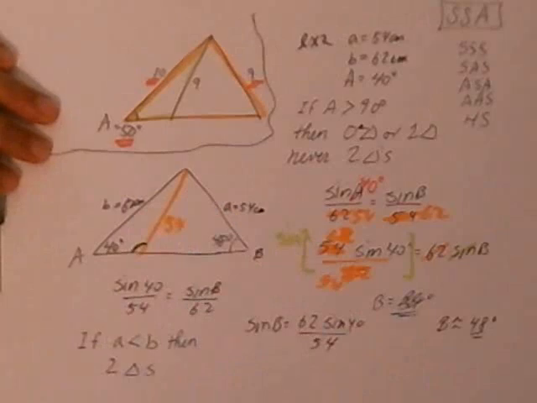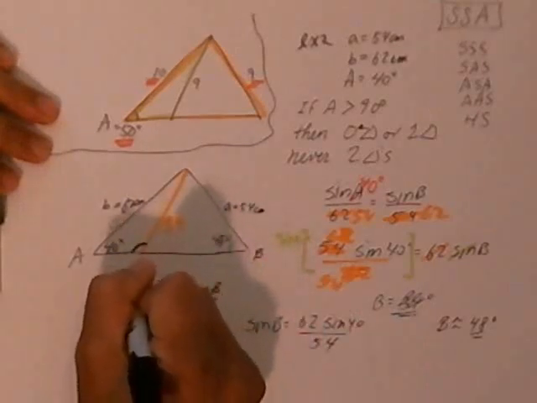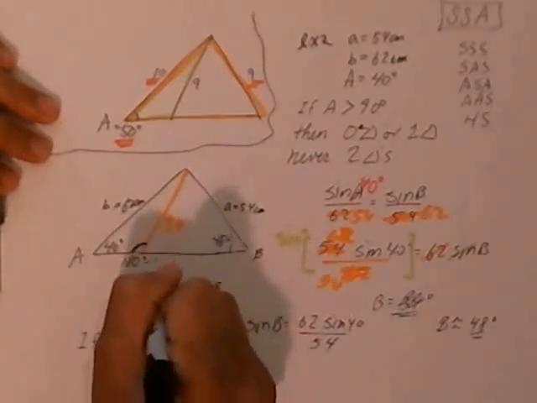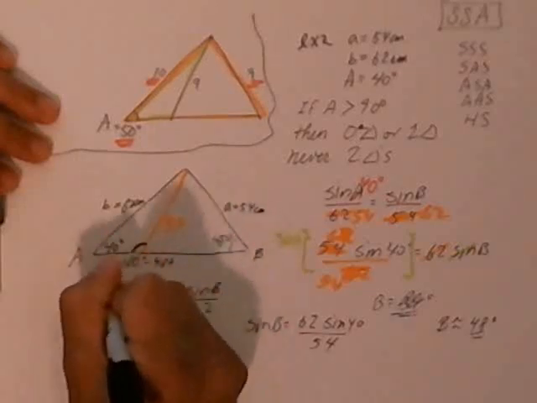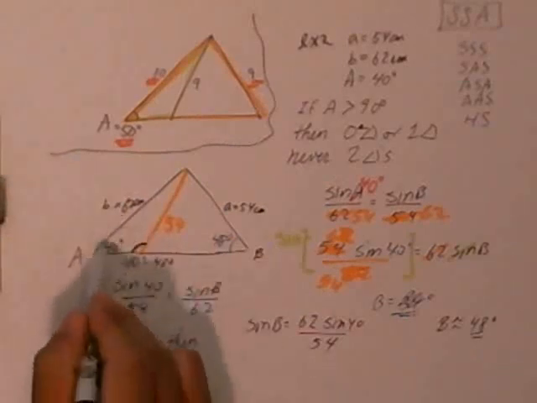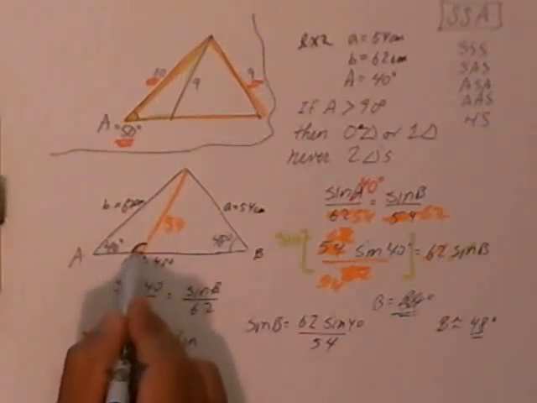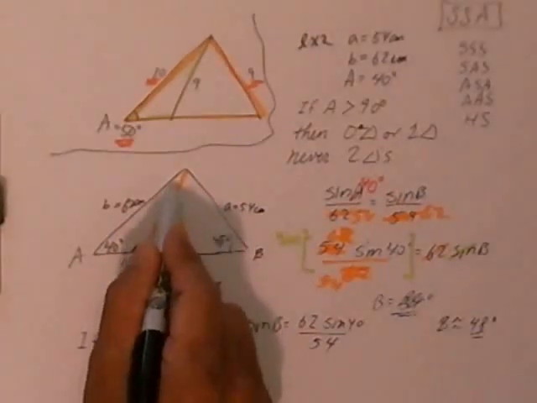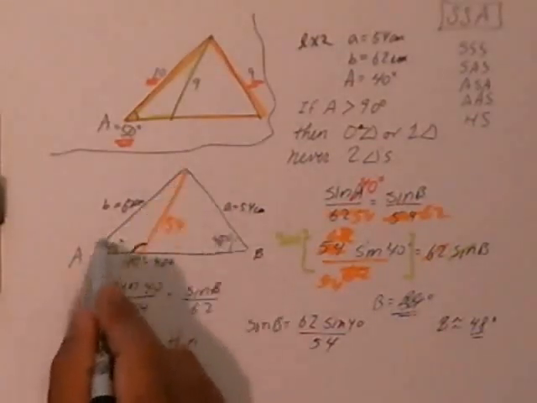Well, it's supplementary to that, so it's going to be 180 minus 48 degrees. So looking at this triangle, and I'll let you figure that part out, it should be 40 and then 132, and you can figure out the third angle right over here for the second triangle.